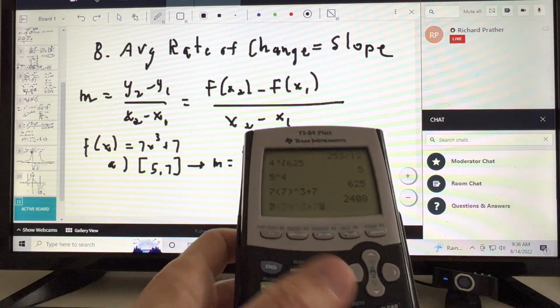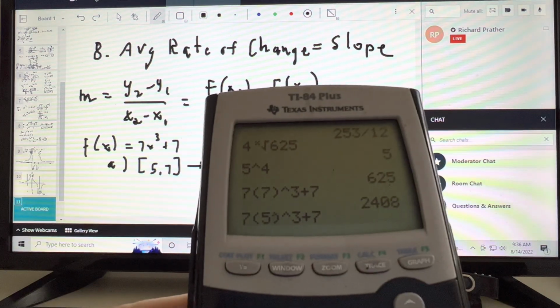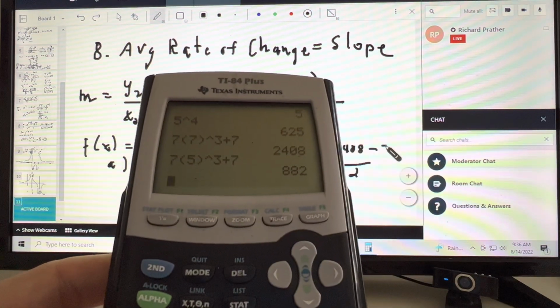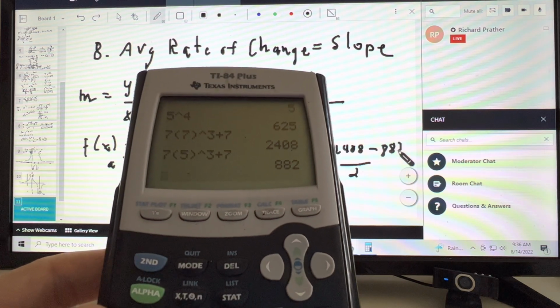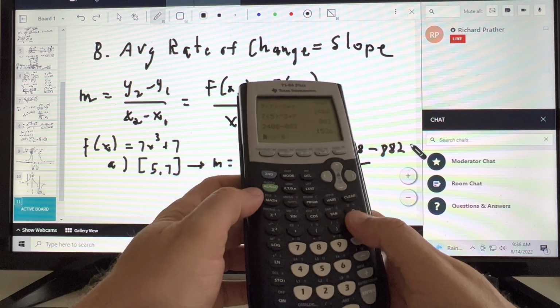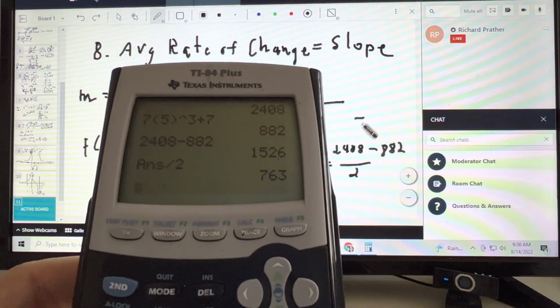And then I can redo it with a 5 for the cubed part. 7 times 5 cubed plus 7 is 882. 2408 minus 882, and then divide by 2. The first one's 763.